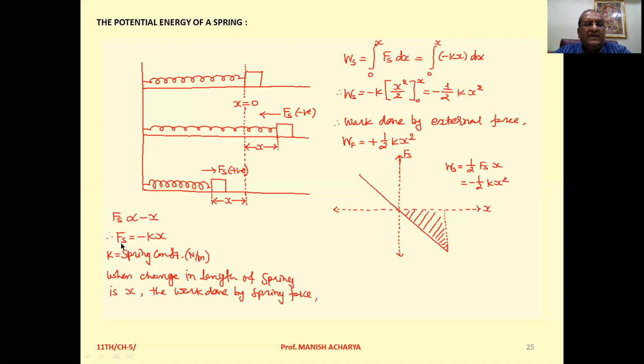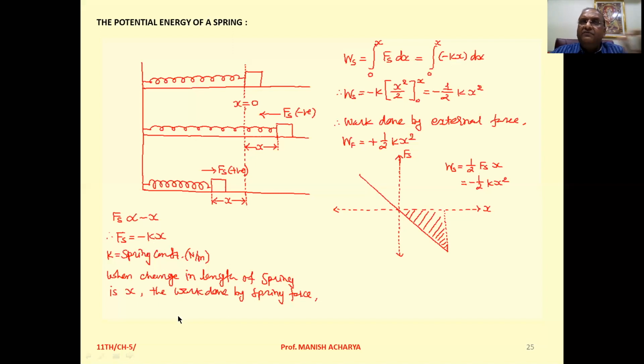So we can write Fs equal to minus kx, where k is called spring constant, its unit will be Newton per meter. Spring constant is nothing but the restoring force developed in the spring per unit change in the length of spring. Okay.